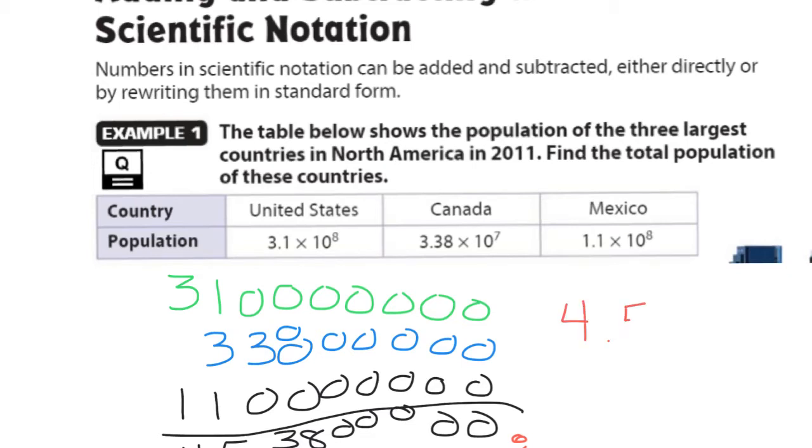So 4.538 times 10 to the 8th. You get the same answer. So either method will work. I caution you with this one though, because writing down the proper number of zeros can be a little confusing. I kind of like the other way better, the one where you use scientific notation. You keep the numbers, you keep all those zeros out of there.